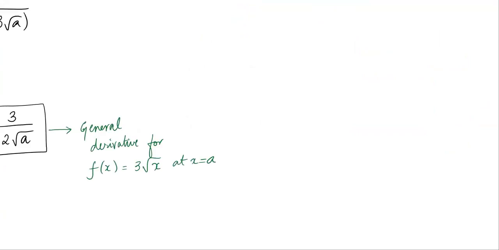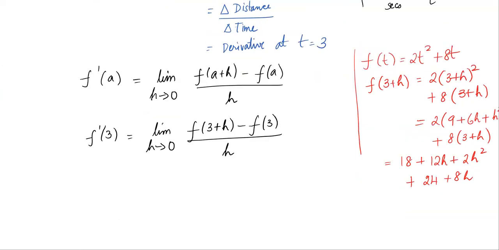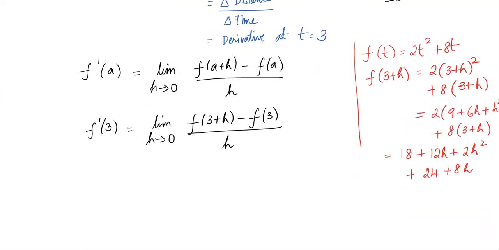Combine all the like terms and see what happens. So you have 2h squared plus 12h plus 8h, 20h, and 18 plus 24, 42. You got that.